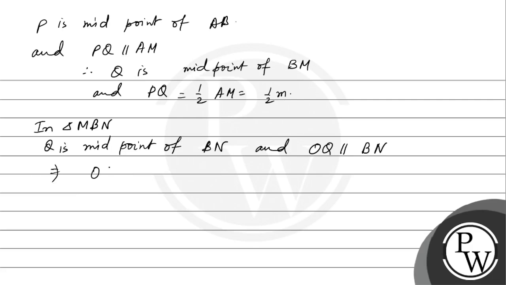That means Q is the midpoint of the other side, and OQ is half of BN, equal to half of N.